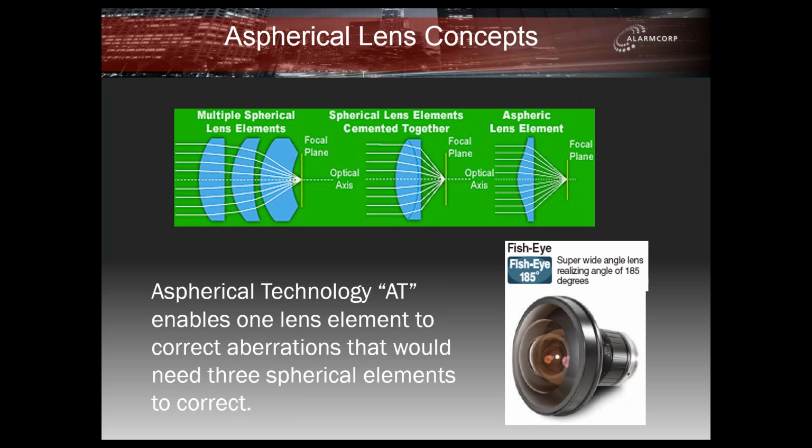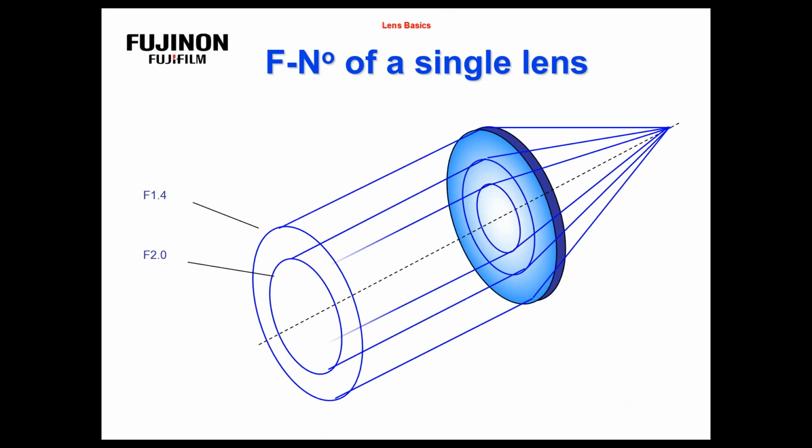Let's talk about f-stop. Let me please explain the brightness of a lens. As this slide shows, it's fairly self-explanatory in lots of ways. A lens F number relates to the amount of light that can be gathered by the lens. This sometimes is referred to as relative brightness.